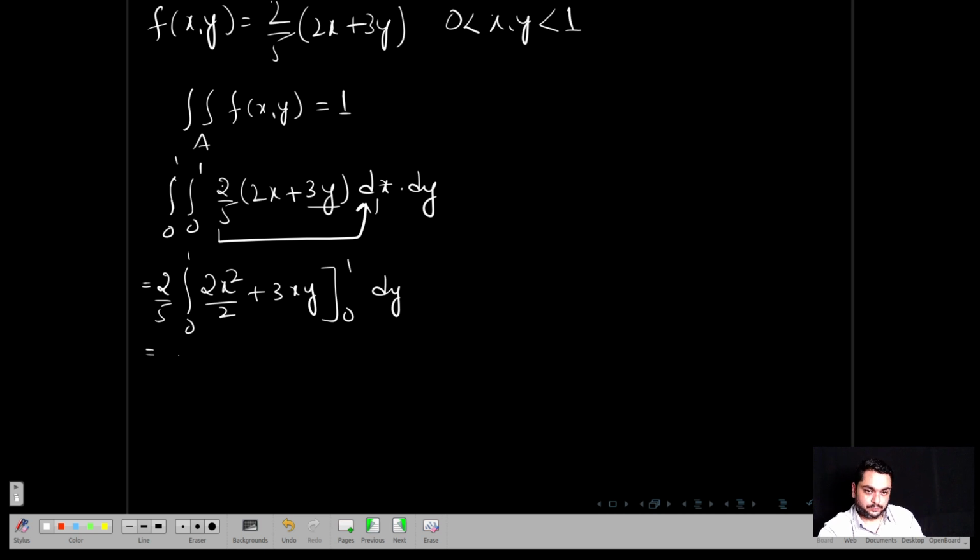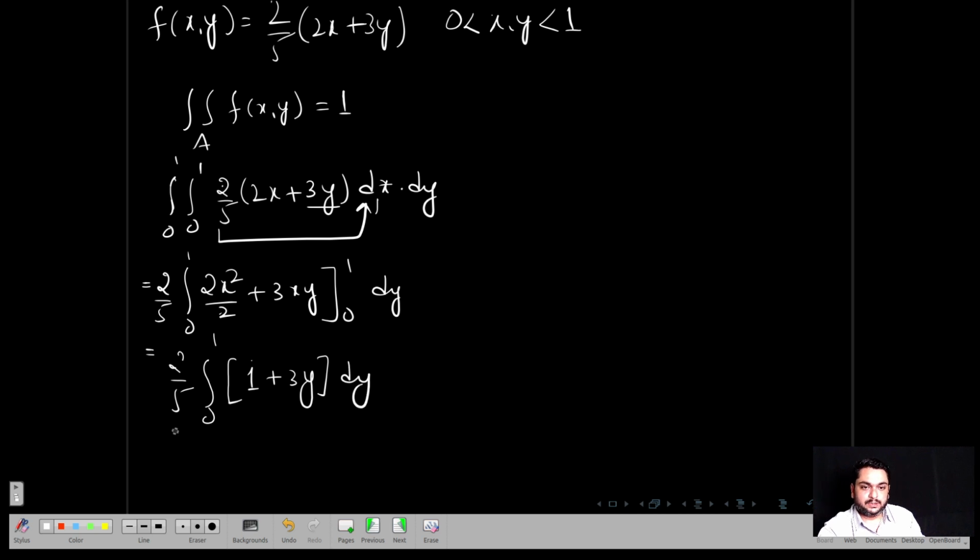So this is equal to 2 by 5, 0 to 1. Putting in the values, the 2 cancels, so x square is 1, plus 3y, and if you put 0 it will be 0 only.